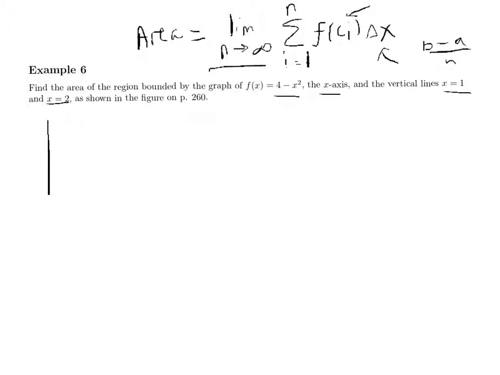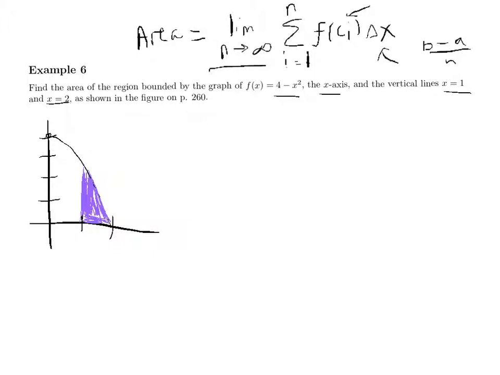Okay, so that's slightly different. So if I graph that, 2, 3, 4, 1, 2, it looks like that. But the region that we want to find the area of only goes from 1 to 2. All right, so we're only finding this area, and we'll see how that changes the way we write out our definition here.